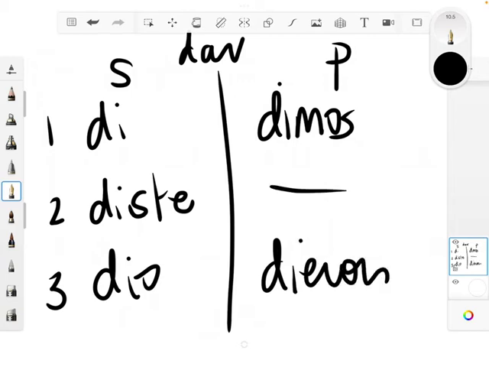Okay, the endings for dar are the same as the regular preterite endings for ER and IR verbs, but there are no written accent marks, okay? No accents anywhere here. So, la camarera me dio el menú, los invitados le dieron un regalo, le di a Juan algunos consejos, nosotros dimos una gran fiesta. No accent anywhere to be seen.